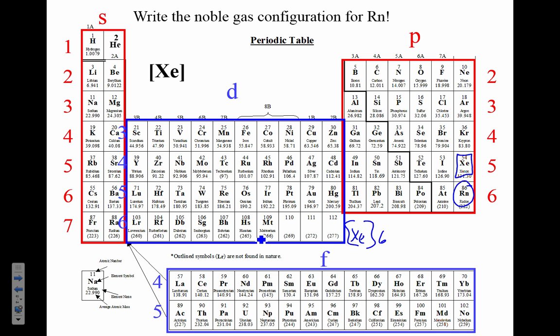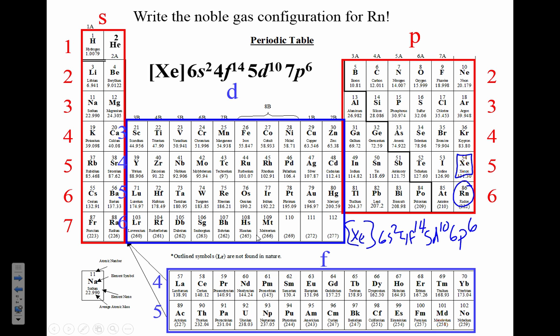So that would be 6s2, then down to the 4f, and there's 14, then up to the 5d, and there's 10. And then finally in the 6p, I've got 1, 2, 3, 4, 5, 6 of them. So that would be my noble gas configuration for radon. So xenon, 6s2, 4f14, 5d10, 6p6. That would be noble gas configuration for radon.